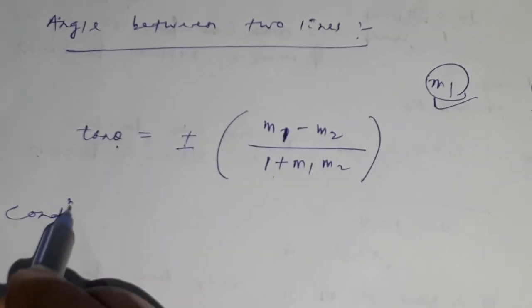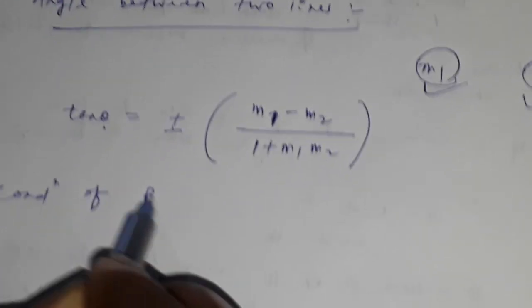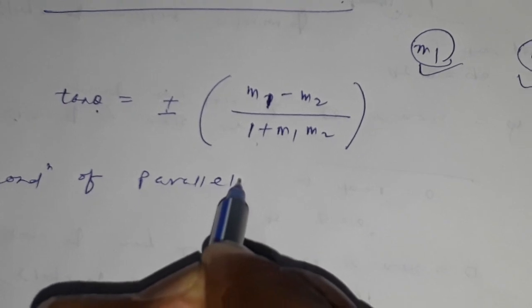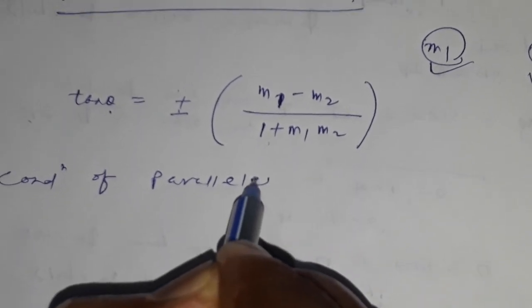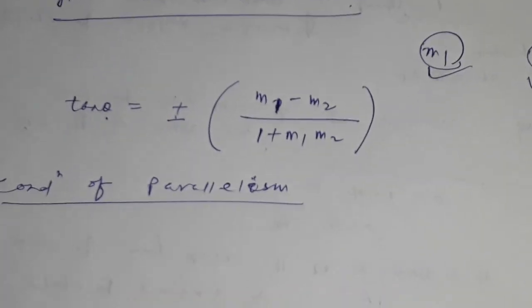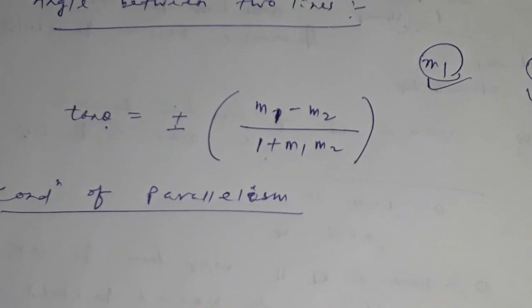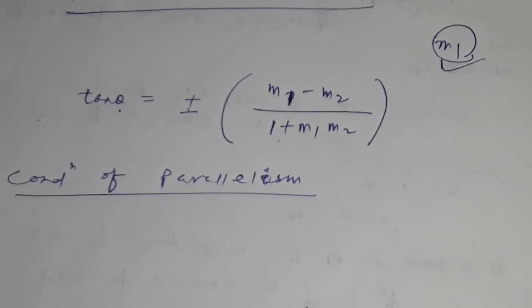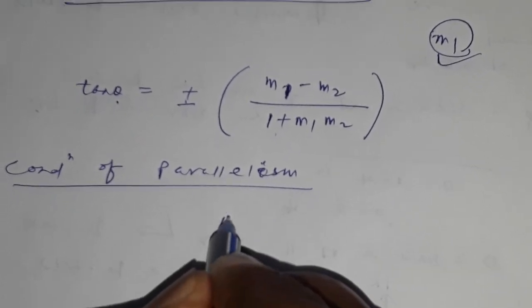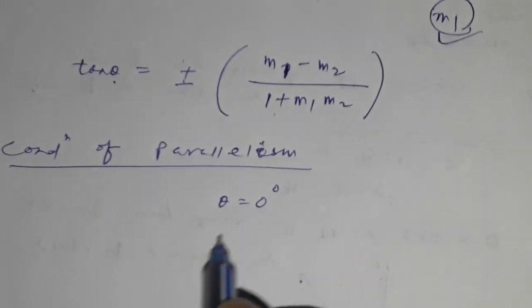Now, condition of parallelism. If the lines are parallel, then theta equals 0 degree.